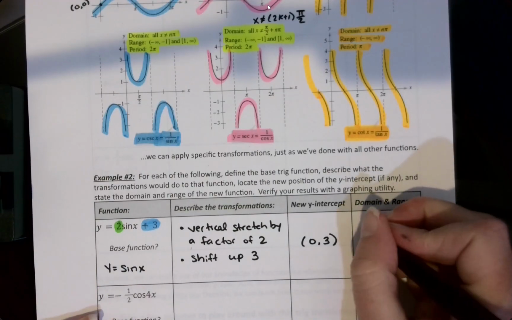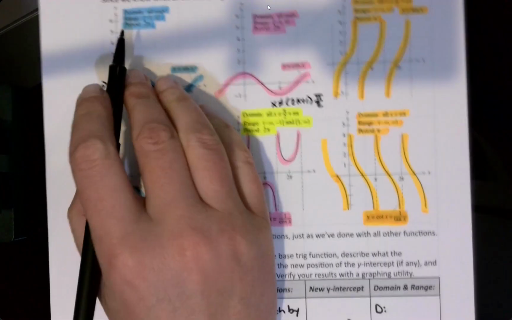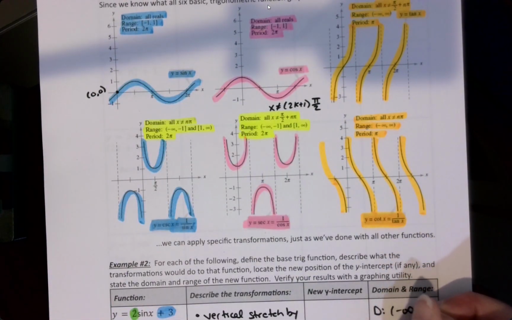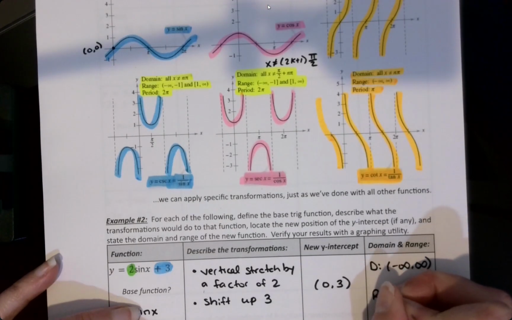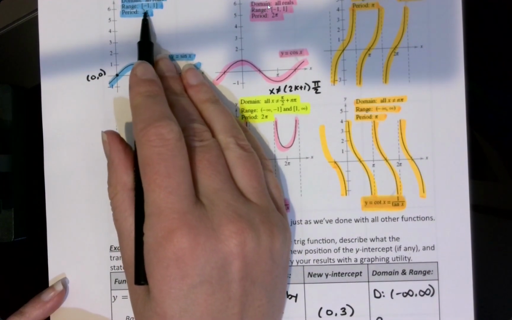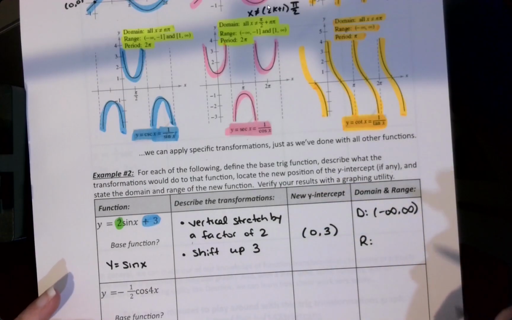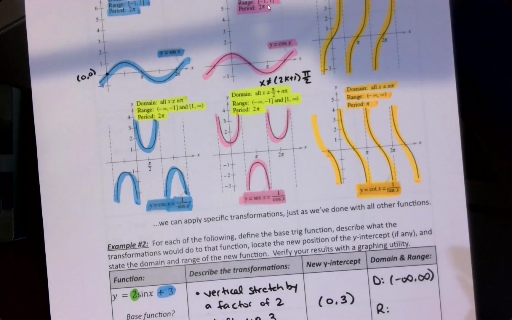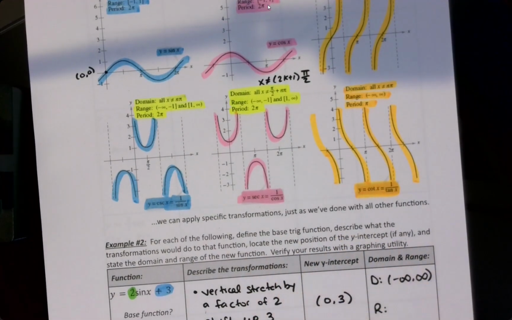Now for the domain and range. So the domain, it was all real numbers to begin with, so it's going to stay as all real numbers. For the range, it did go only down to -1 and up to +1, but when I stretched this by a factor of 2, that would have pulled it up to 2 and -2, and then I'm going to push it up 3.